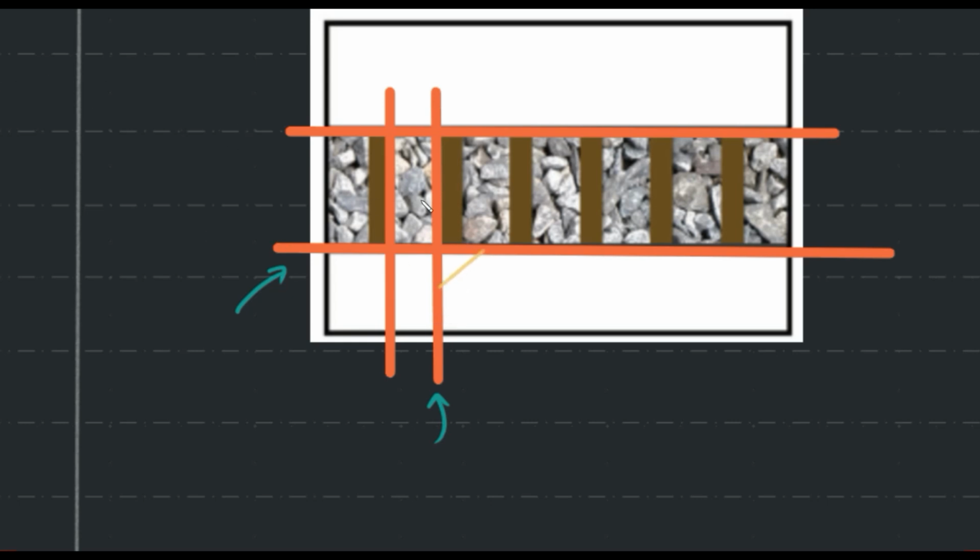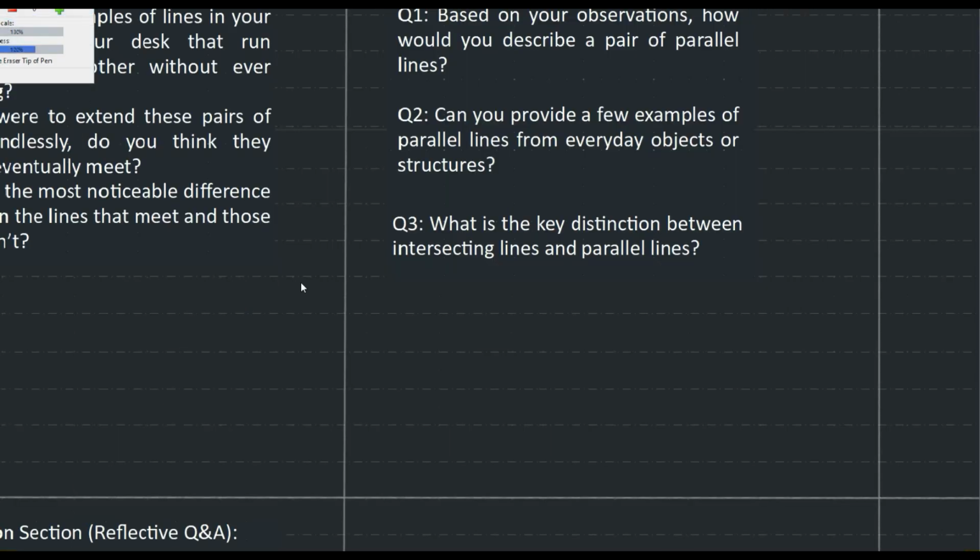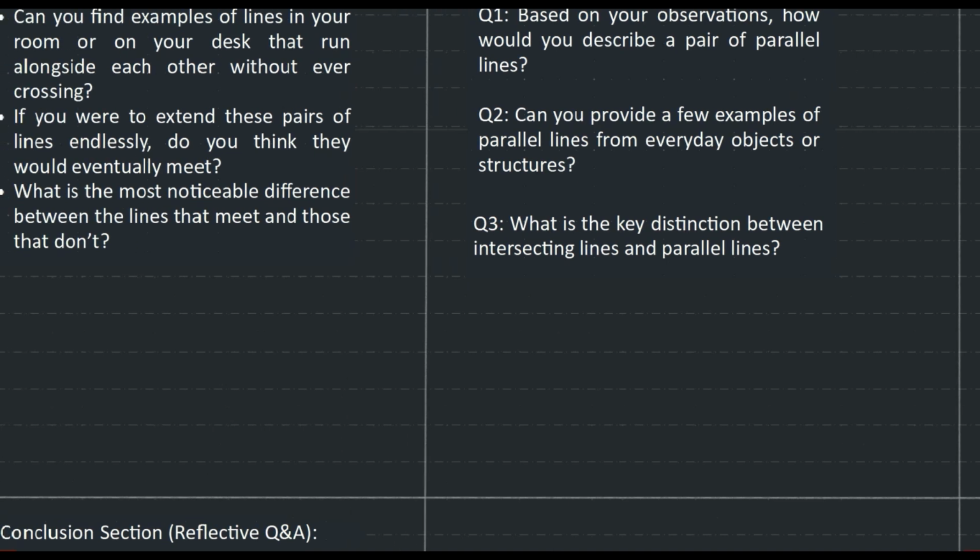Let me make it a bit darker. If I consider the distance between them in this manner, clearly what is happening to the distance? Yes, reducing. What about the distance between these two? What's happening over there? Yes, the distance remains the same. Is it not?